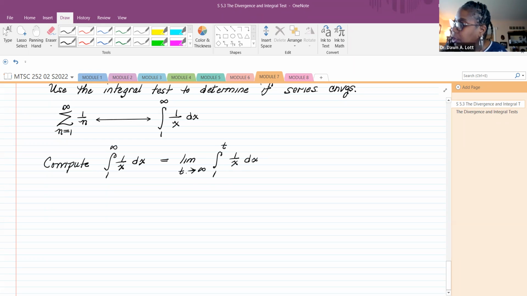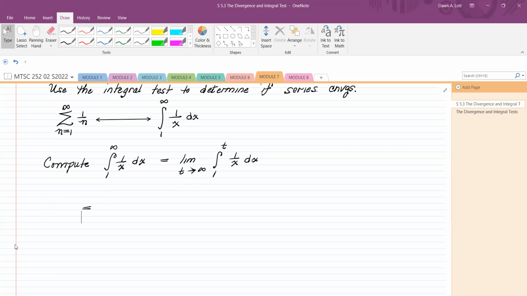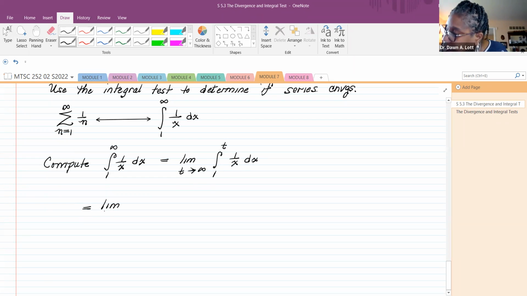So what is the integral of 1 over x dx? What do you get when you integrate that? Natural log of x. I get the natural log, okay. So this is the limit as t approaches infinity of the natural log absolute value of x evaluated from 1 to t.